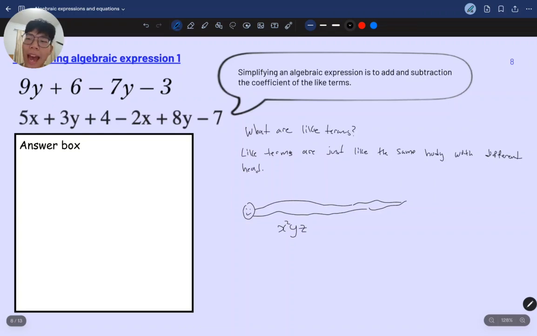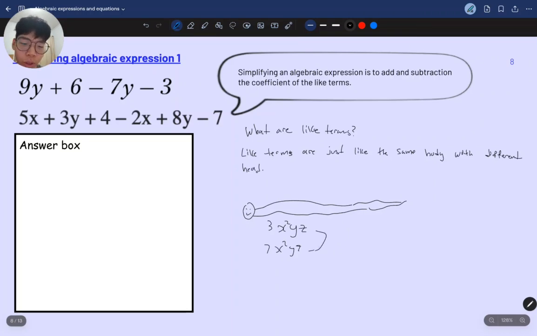But what are the head? The head is the coefficient, the front number, which could be 3, or it could rather be 7, or anything. But they are called the head of the body. And like terms are the same body but just different hats.